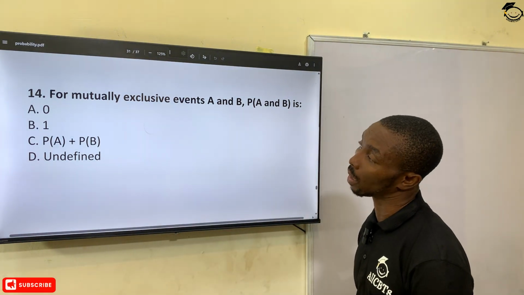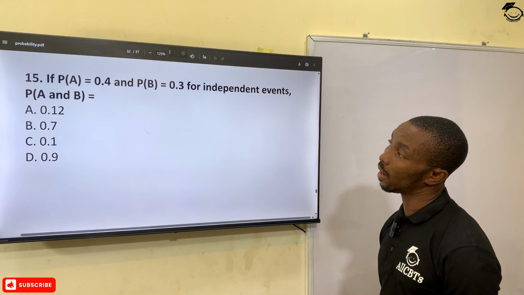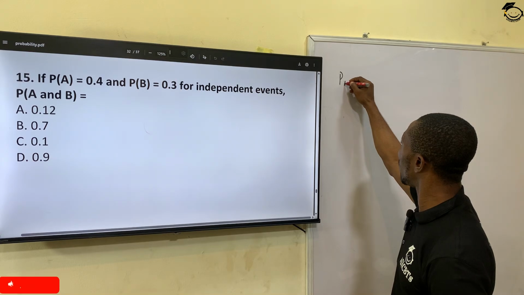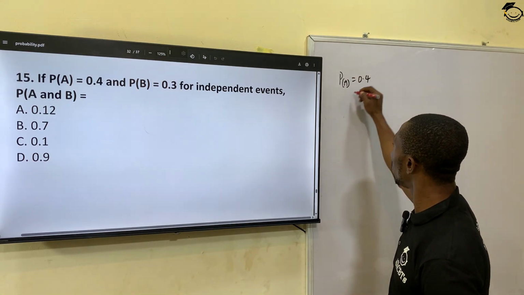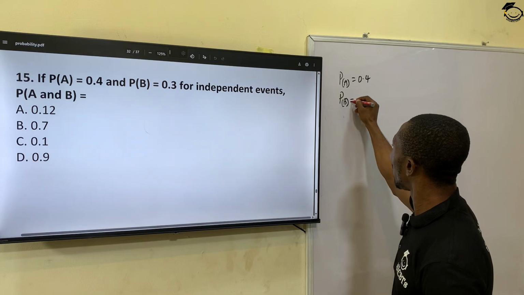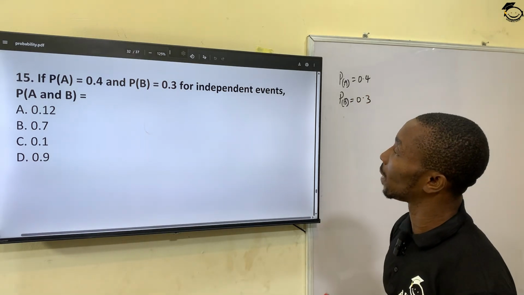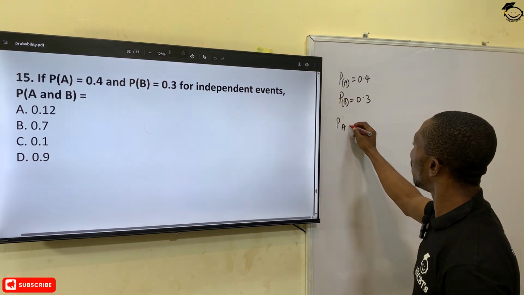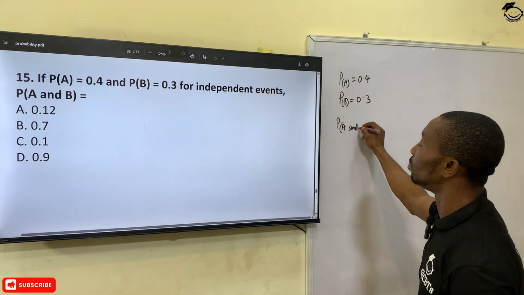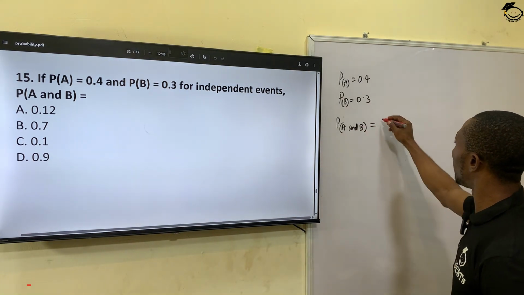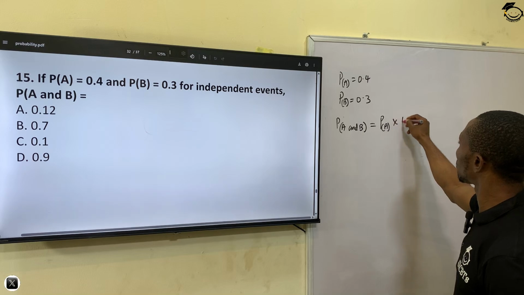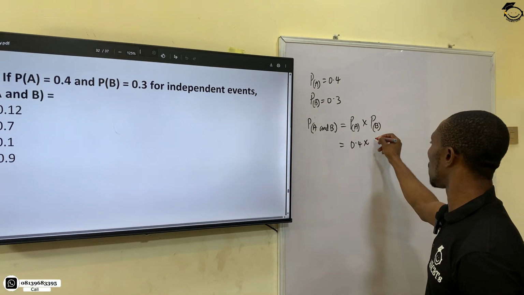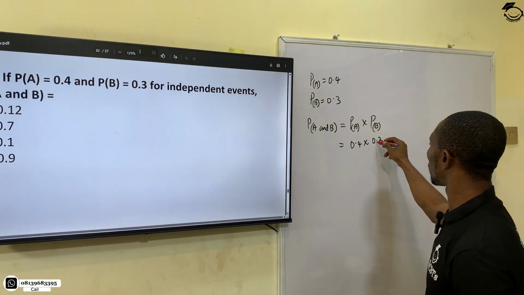And next question talks about, if the probability of A is 0.4 and the probability of B is 0.3 for independent events, then the probability of A and B would be the probability of A times the probability of B, which will give us 0.4 times 0.3.